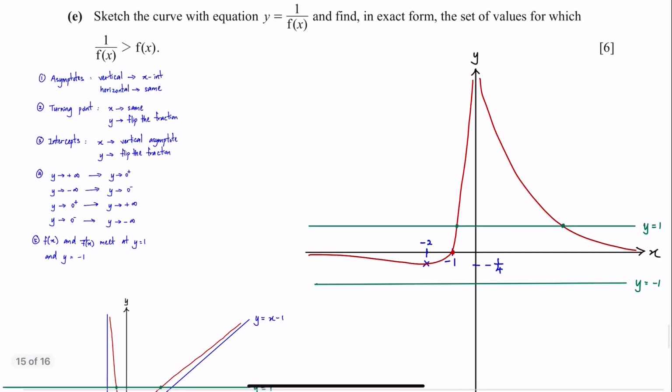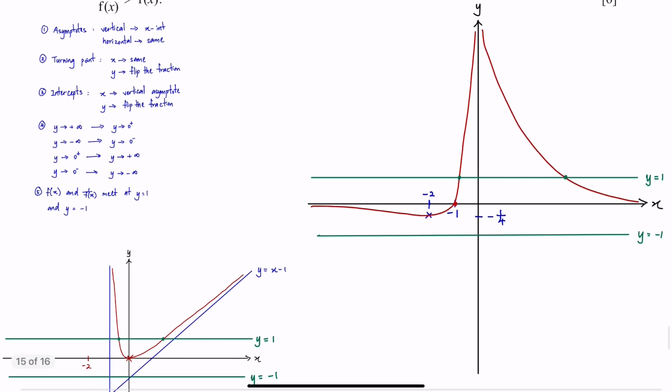So which part of the graph satisfies this inequality? We know that 1 over f(x) should be larger than f(x). So we can see that this part definitely satisfies the inequality.